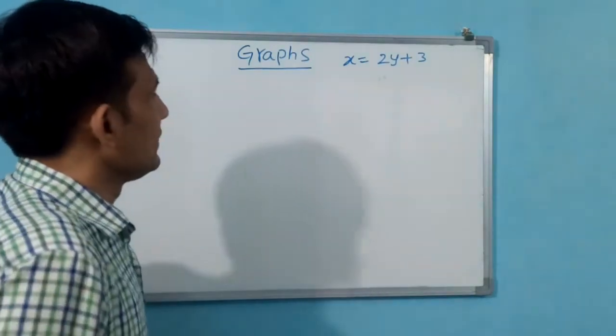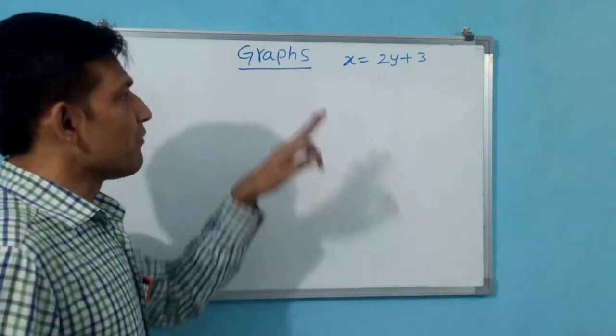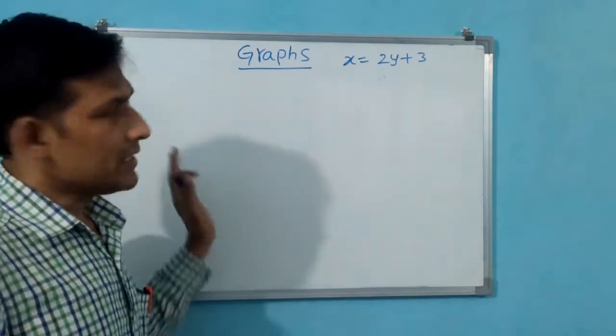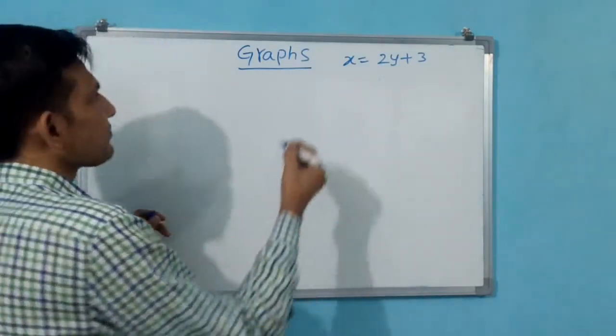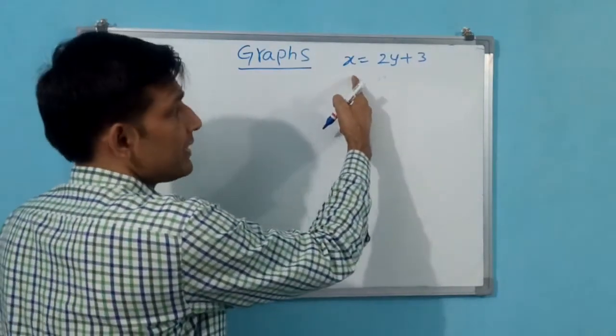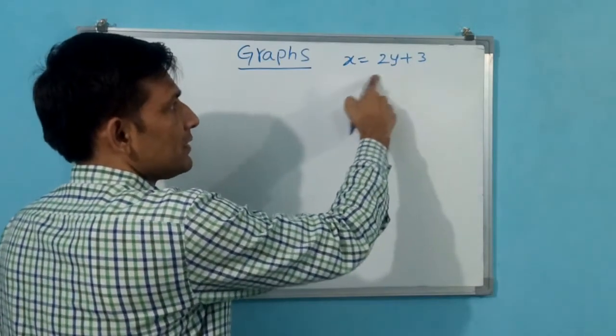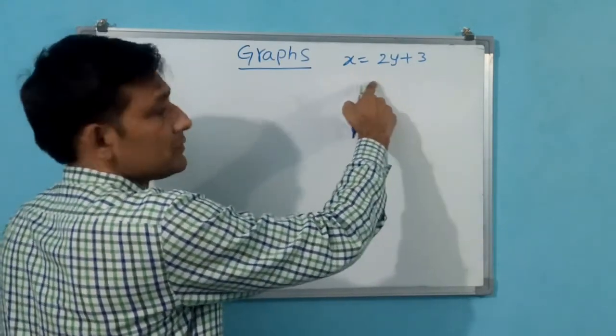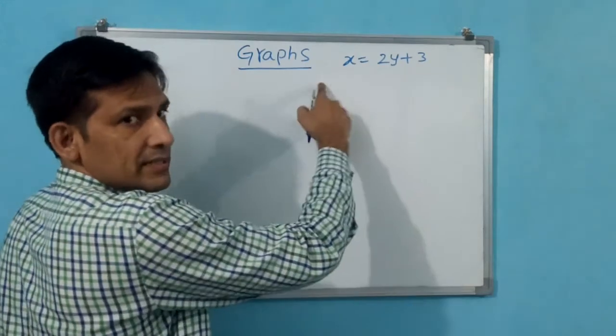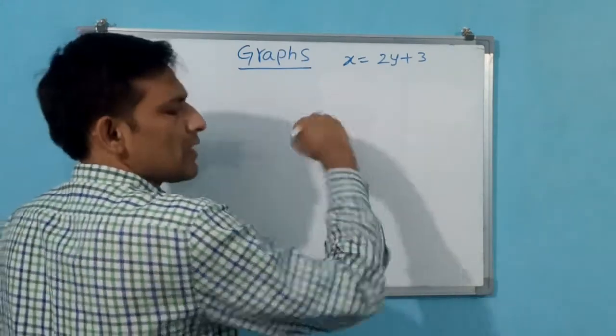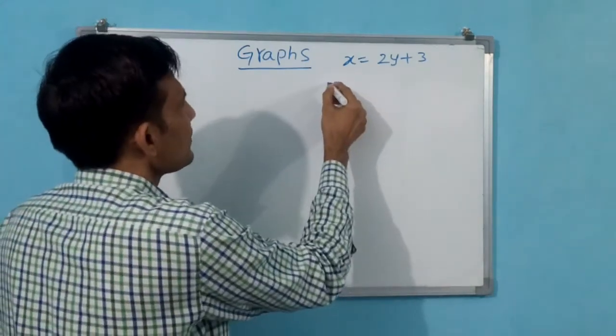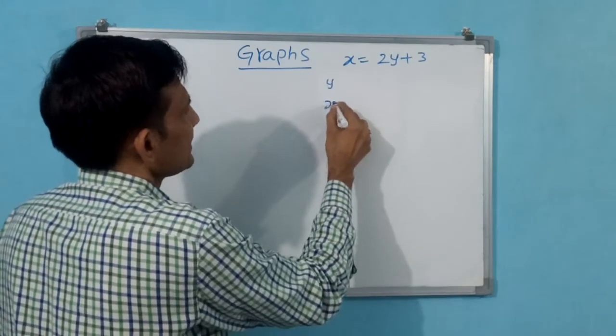That graph we take. As I said earlier, before plotting the graph, let us make a table. Of course, both ways you can take, but here you take y and x.